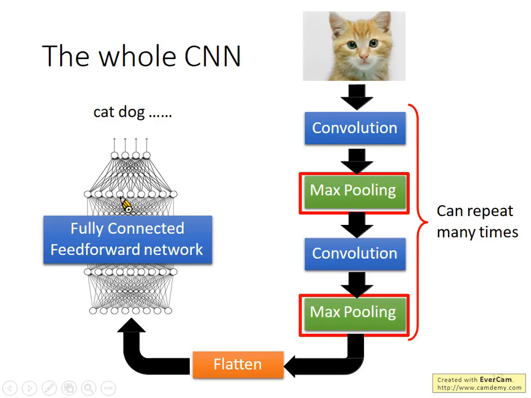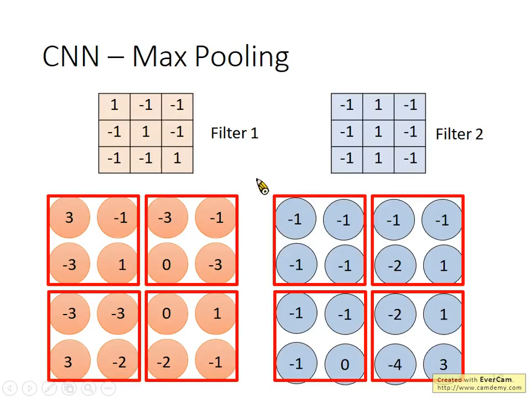So after describing the convolution operation, we now go into the detail of max pooling. Max pooling is to do subsampling. So based on the feature map, we can consider, for example, a 2x2 subregion of the feature map, and then find the maximum value of this 2x2 subregion.